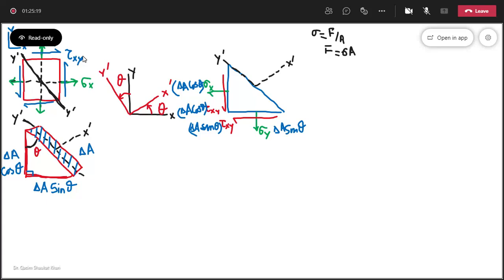Now we have to find the components of these four forces, which are oriented about the x and y axes, about the x dash axis and y dash axis.